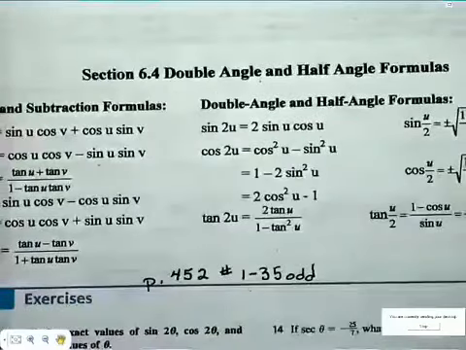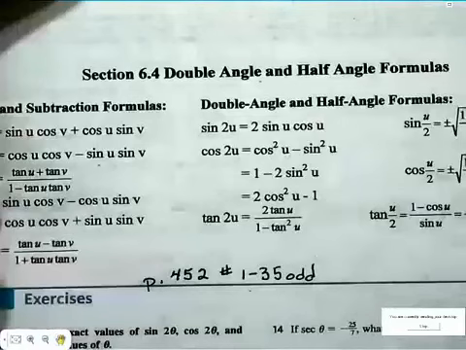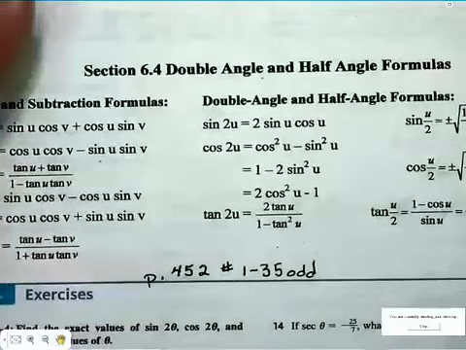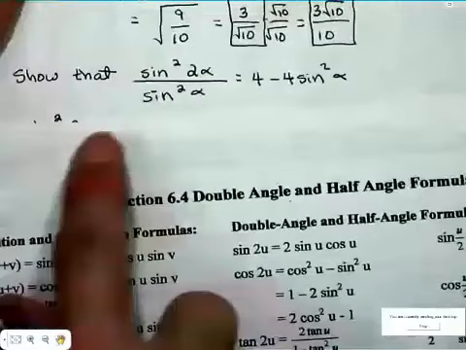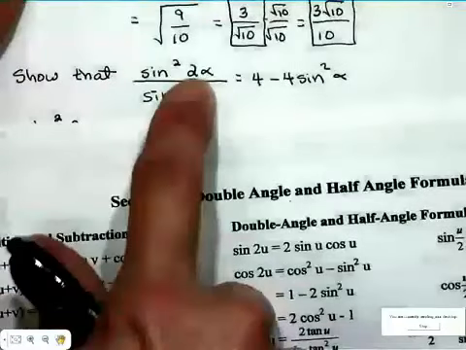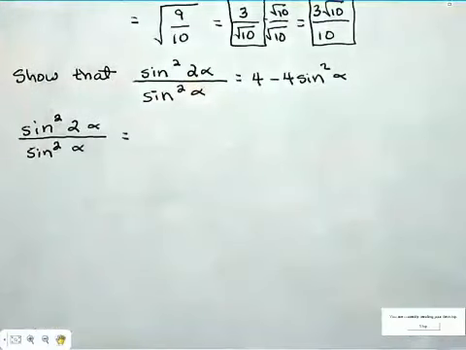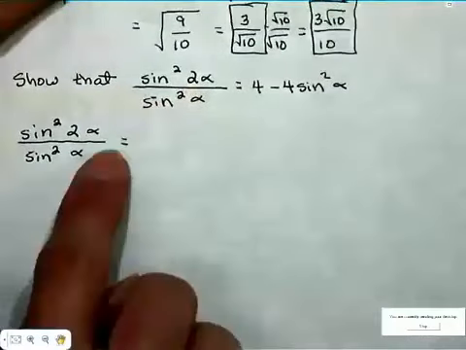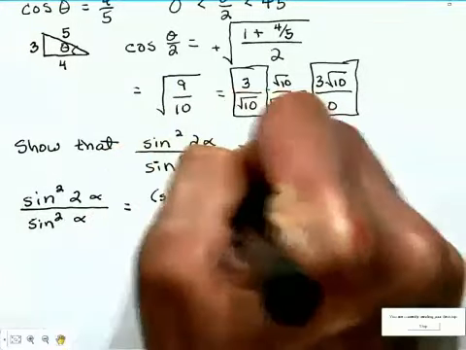So look at what you're starting with and compare it to all of those formulas. Which one do you think we'll need based on what we're starting with? Yeah, this sine of 2 alpha, we have a formula for sine of 2 alpha. Now, we do have to recognize that sine squared means sine 2 alpha times sine 2 alpha.